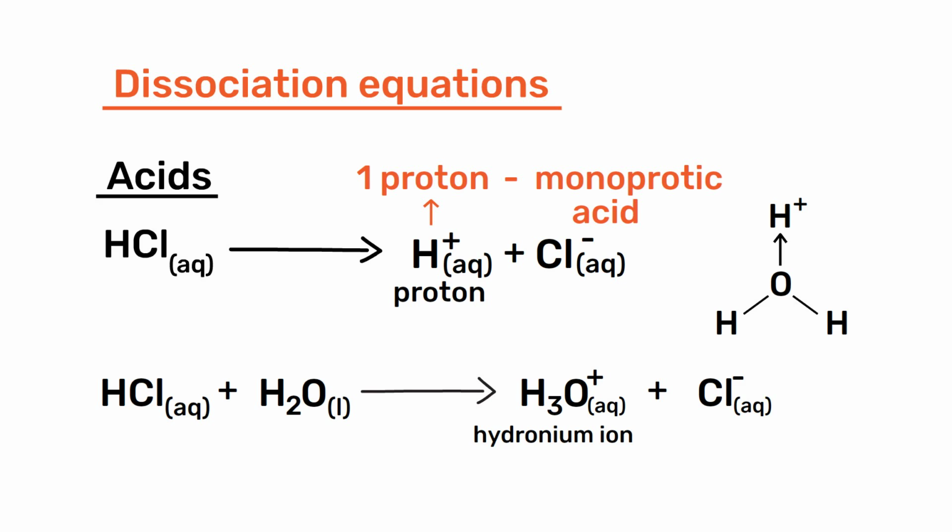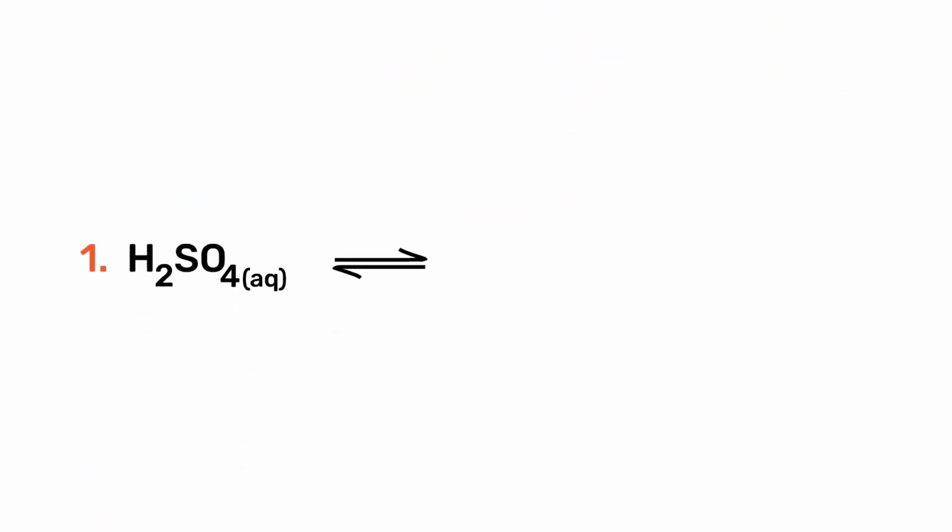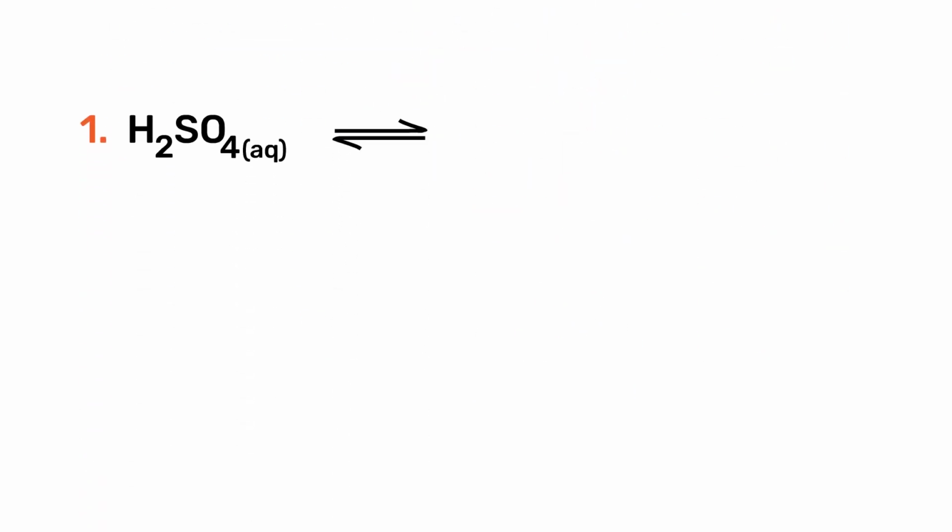Sulfuric acid is an example of a polyprotic acid because it has more than one ionizable proton. Polyprotic acids ionize in steps, and it is represented by these two equations for sulfuric acid.